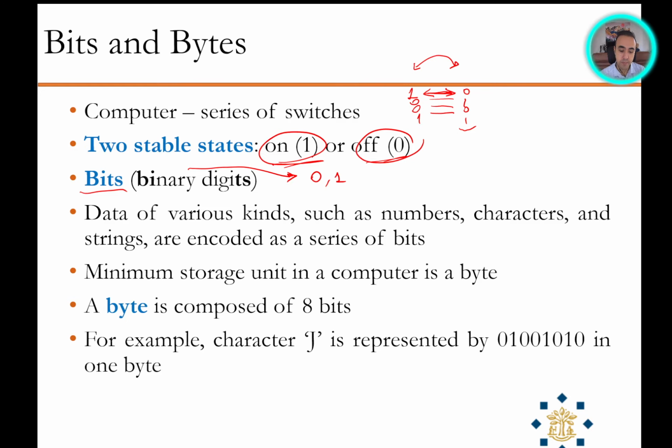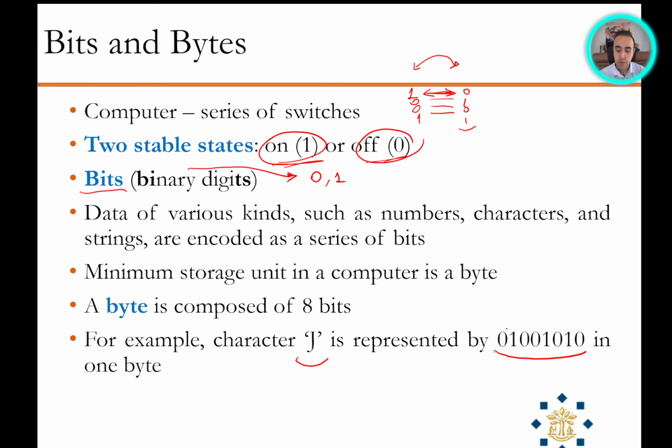For instance, the character J. If you press capital J on your keyboard and see it in Microsoft Word, what you see is capital J. What the computer sees is 01001010. This is what capital J is for the computer.